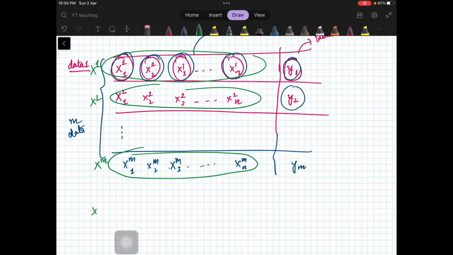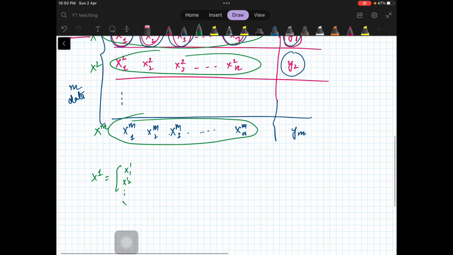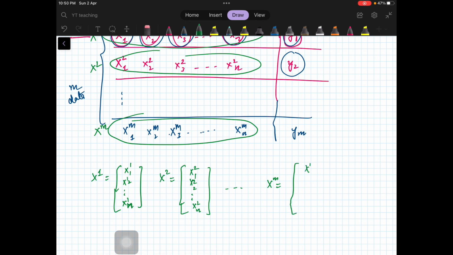Basically I'm assuming x1 to be x11, x12 and so on up to x1n, and then x2 will be x21, x22, up to x2n, and similarly xm will be xm1, xm2 and so on up to xmn.